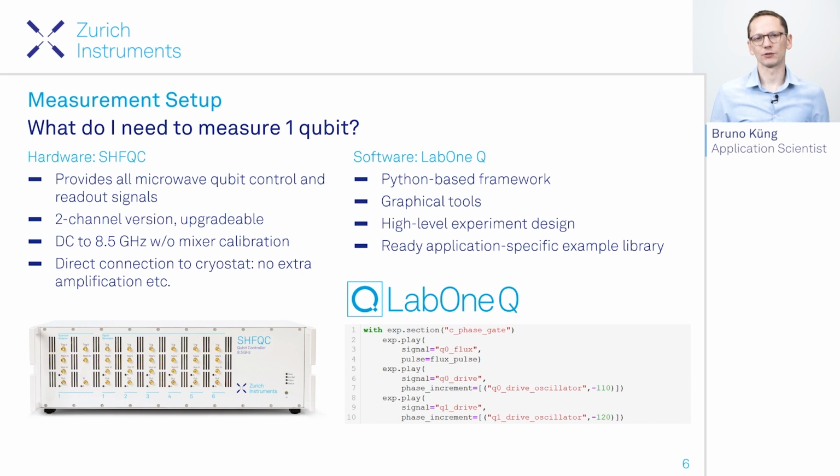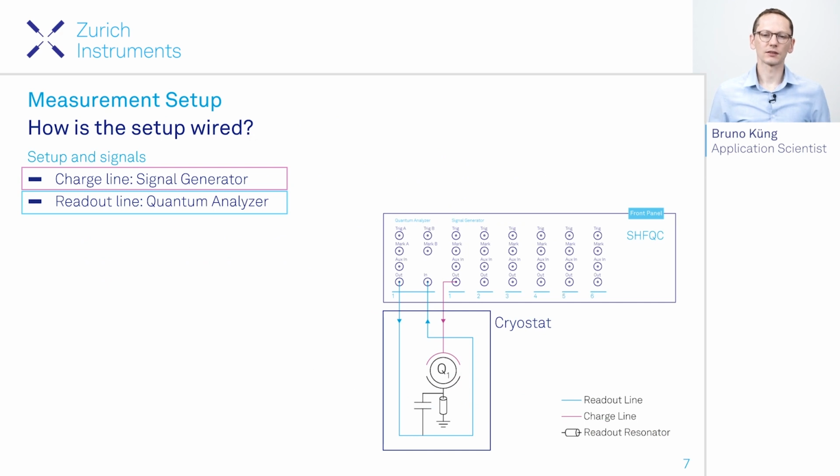For instance, all the measurements that we show today are contained in these example libraries. So to wrap this up, how are these signals connected to the instrument? We have the pair of input-output lines from what we call the quantum analyzer on the left part of the instrument, and then 1 line from the signal generator connected to the qubit charge line.